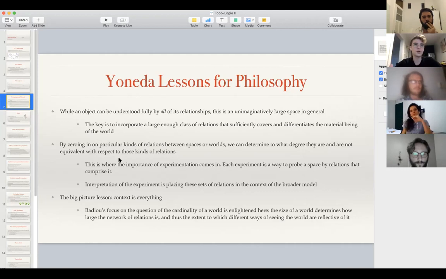Maybe we want to make sure that we can represent the interests of all workers in this value space, and to really understand the value of all workers. So that really is about incorporating a large enough class of these inclusion relations into the value space.